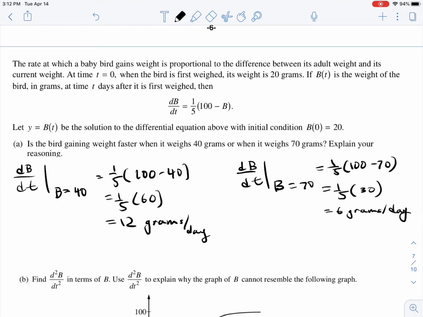Well, we can see that dB/dt at B equal to 40 is greater than dB/dt when B is equal to, and I should probably fix that, B is equal to 70. Let's clean that up just ever so slightly. FRQ, we want to be neat with our work.